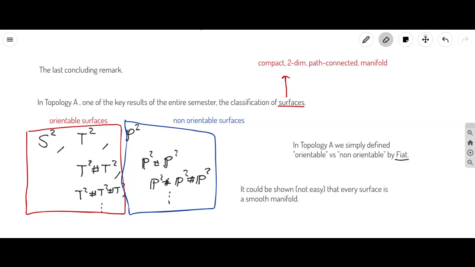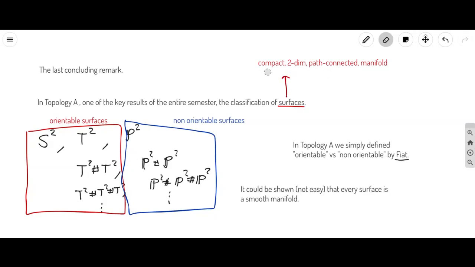That basically comes down to triangulation. If you can triangulate, then you can use the triangulation to create a smooth atlas out of it. So if you're willing to accept that fact, then every surface is a smooth manifold, right? Like the classification theorem tells you how to represent these as polygonal surfaces. Once you have a polygonal surface, then you can use that representation to give it a smooth atlas.